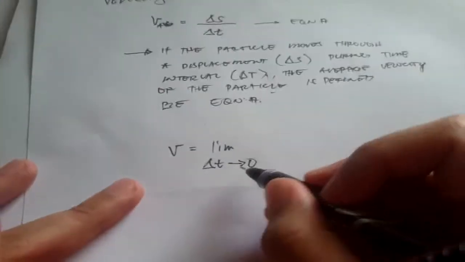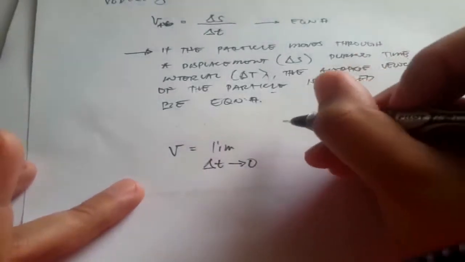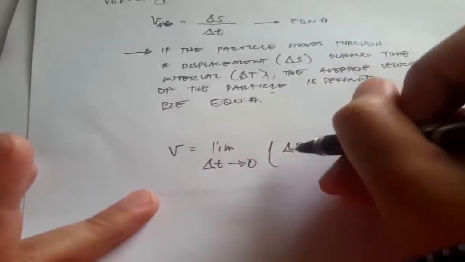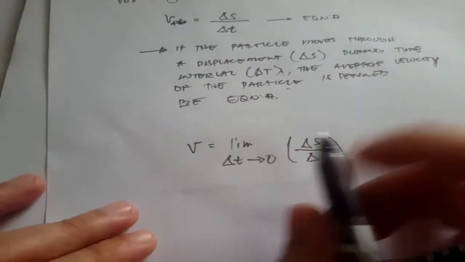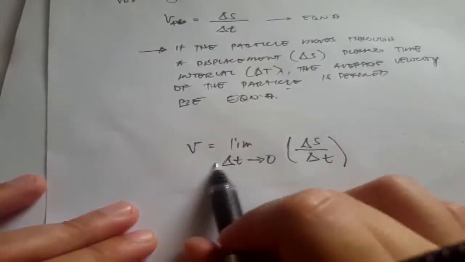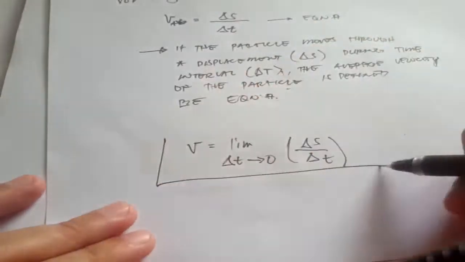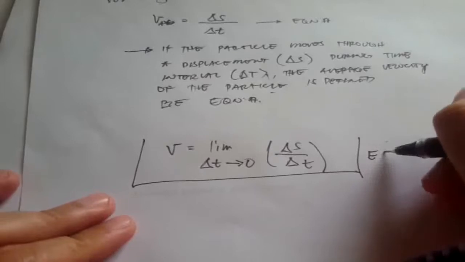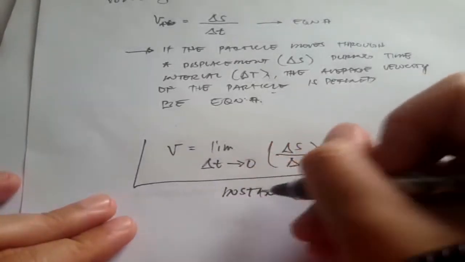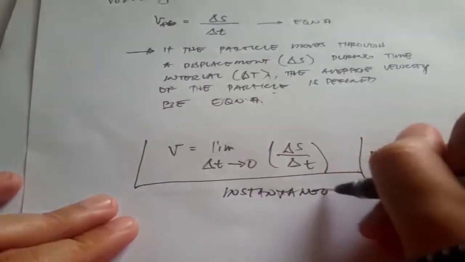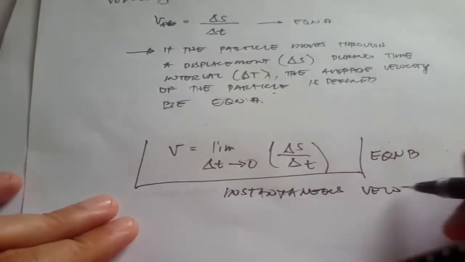Okay, so as the delta t approaches 0, delta s over delta t. Okay, the limit of delta s over delta t as delta t approaches 0. So this is now our equation B for instantaneous velocity.